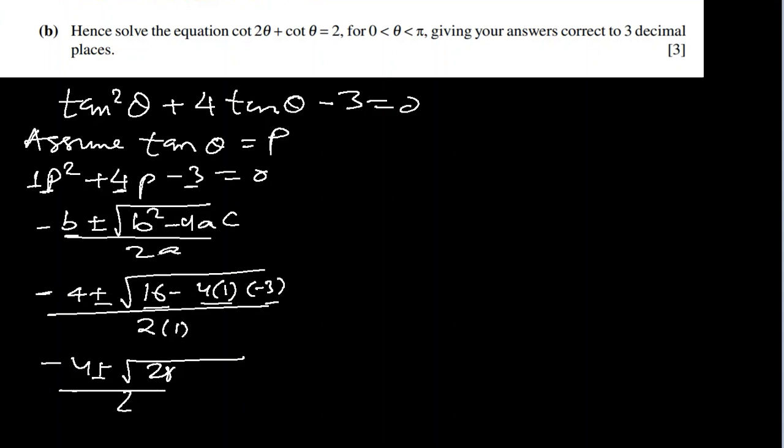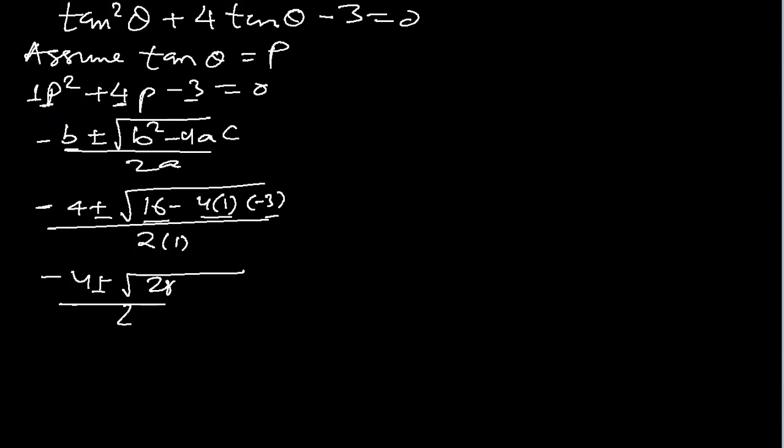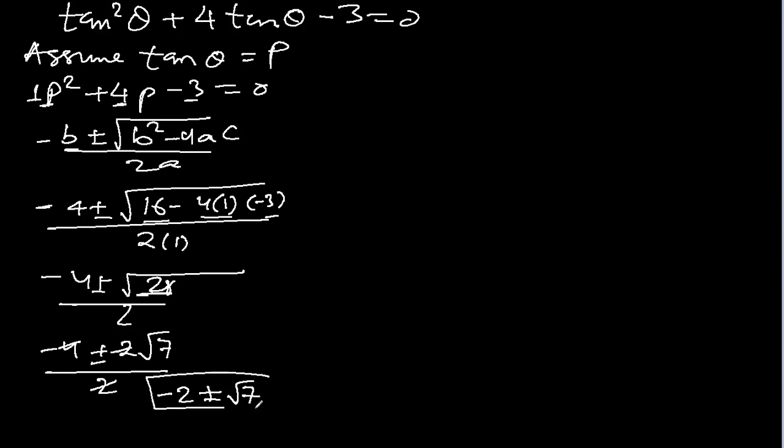Over 2. So let's get some more space here. Minus 4 plus minus square root 28, which can be written as 2 square root 7, over 2. Since all of them have 2, we can cancel that. This 2 can cancel with both of them, and we get the answer as, I forgot to write minus here, minus 2 plus minus square root 7.